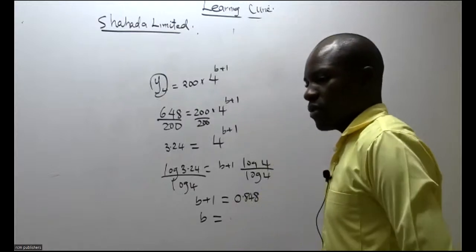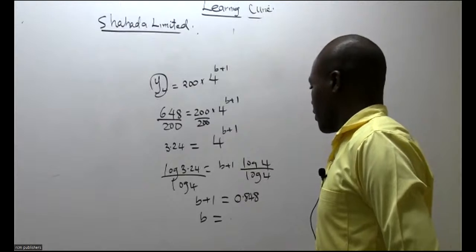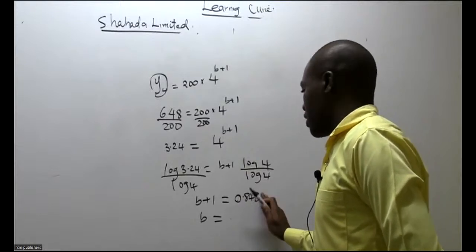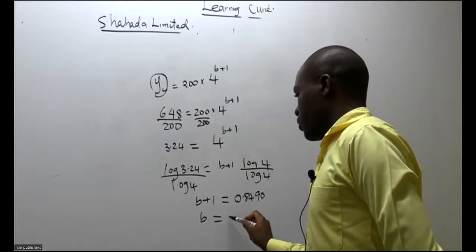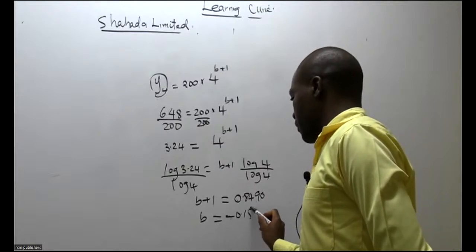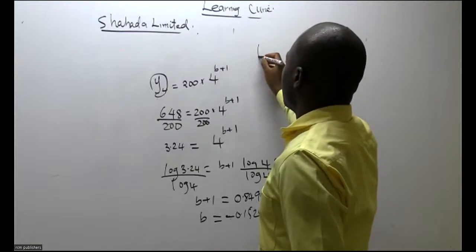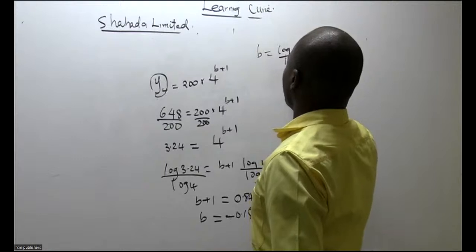So give me the value of B. What's the value of B? The value of B is negative 0.1520. Now, B is equal to log R over log 2.